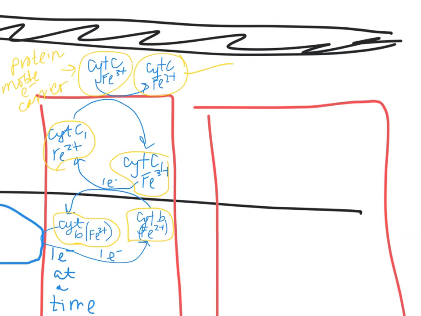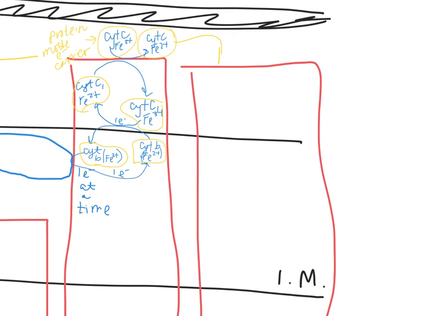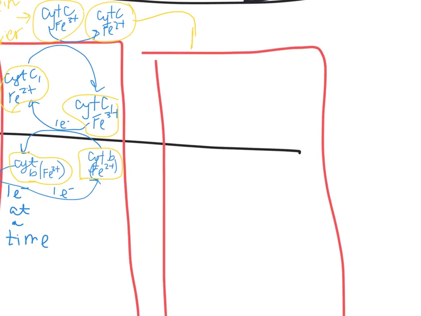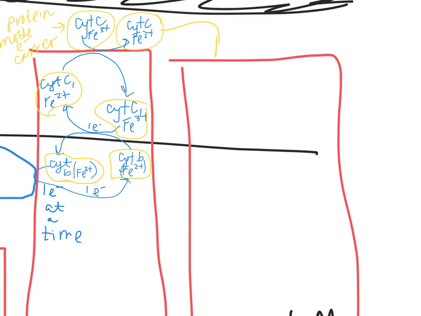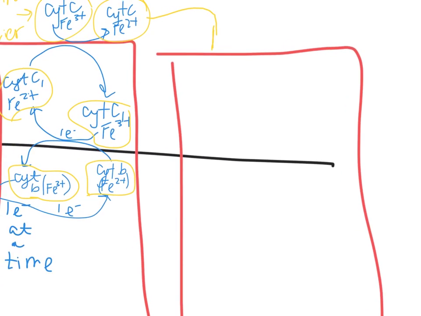So this cytochrome C is going to move, it's going to float over, travel through the intermembrane space, which is a liquidy area, and it's going to end up at complex 4. And in complex 4, we're going to meet 2 more cytochromes. So there's going to be 5 cytochromes in total. So here we're going to meet cytochrome A, and again, it's going to start out as Fe3+, and it's going to be reduced to Fe2+.